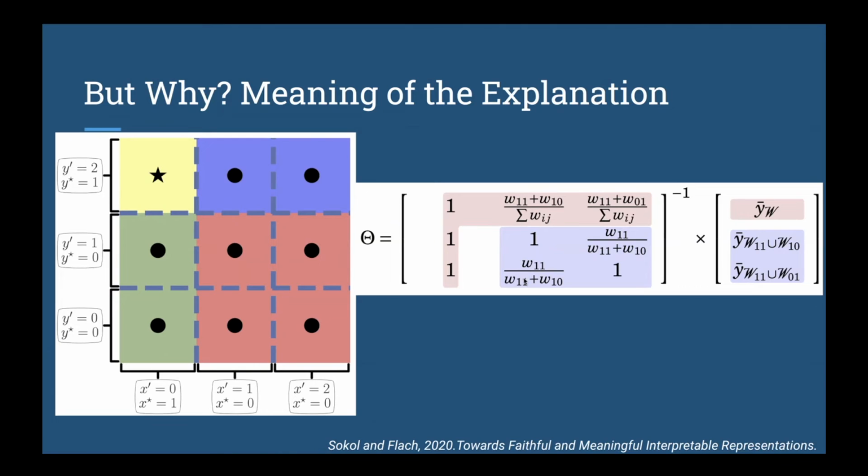Green would be encoded as 1, 0, blue 0, 1, and red 0, 0. And the equation to the right is the analytical solution to ordinary least squares for 2 dimensions, using the binary interpretable representation and the average prediction in each of these regions. The red part in the equation relates to ordinary least squares when you fit with intercept.